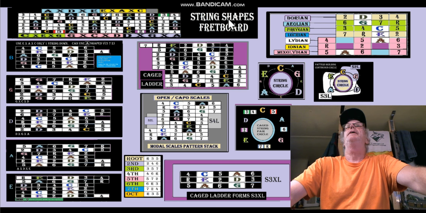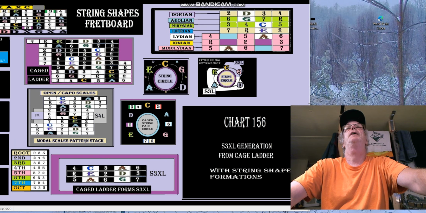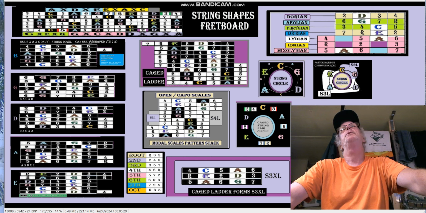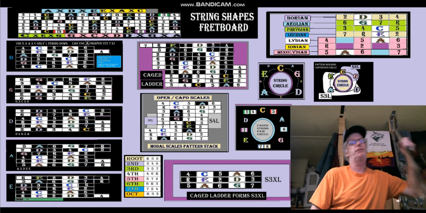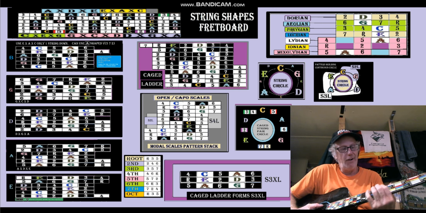All right, here is chart number 156, S3XL generation from cage ladder with string shaped formations. Why do we want the S3XL? So we can play big patterns on the fretboard? Yeah, I guess.